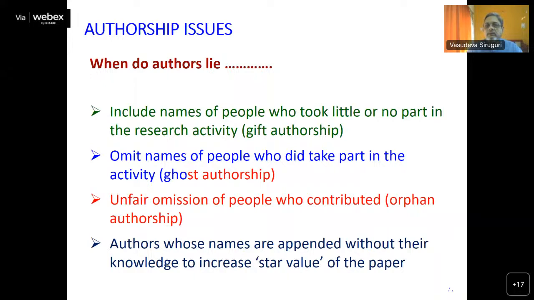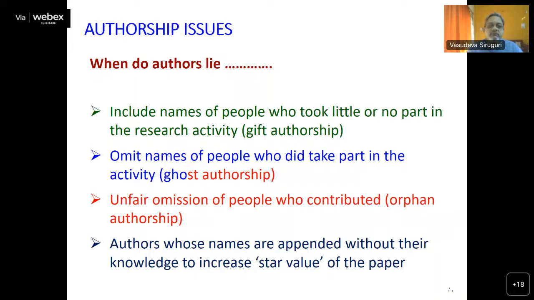So they feel that if their name is included in the list, then the article may run into trouble. So even though they have a major part in that research activity, they will not come forward and give their names, but they may do all kinds of backseat driving. So that is called ghost authorship.